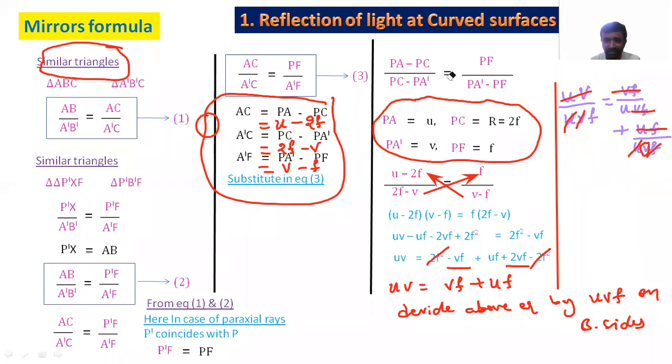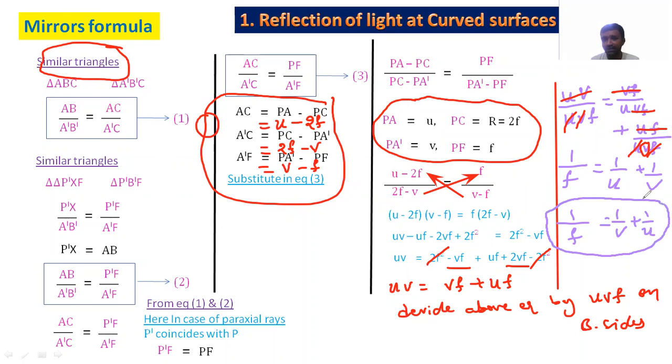The remaining one is 1 by F, equal to 1 by U and 1 by V. So we can write 1 by F equals 1 by V plus 1 by U. In this way, we are remembering the equation.